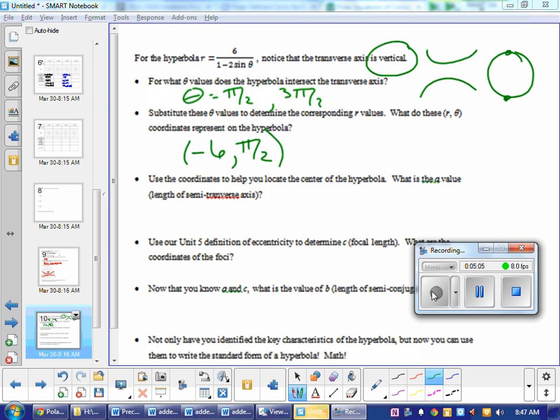If I put 3 pi over 2 in for theta, the sine of 3 pi over 2 is negative 1. Negative 1 times 2 is negative 2. 1 minus negative 2 is 3. Yep, 6 over 3 is 2. So the other point is 2, 3 pi over 2.